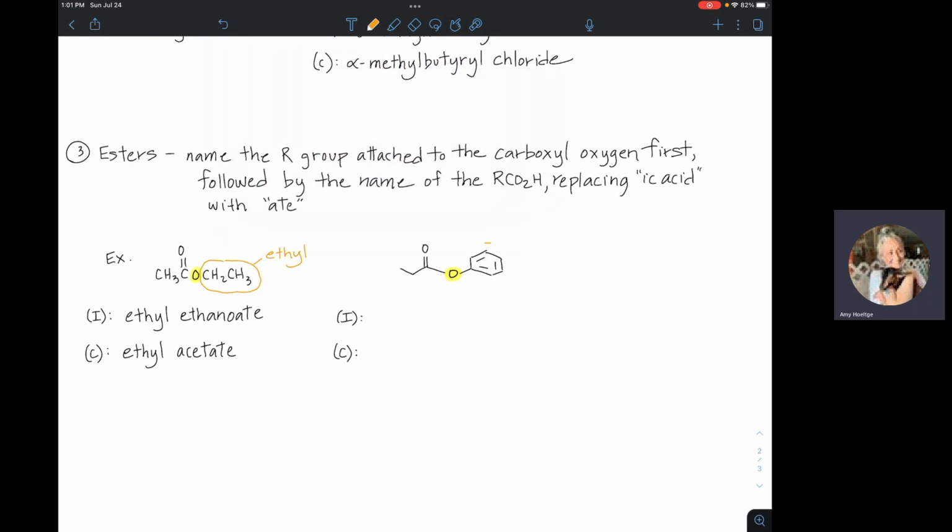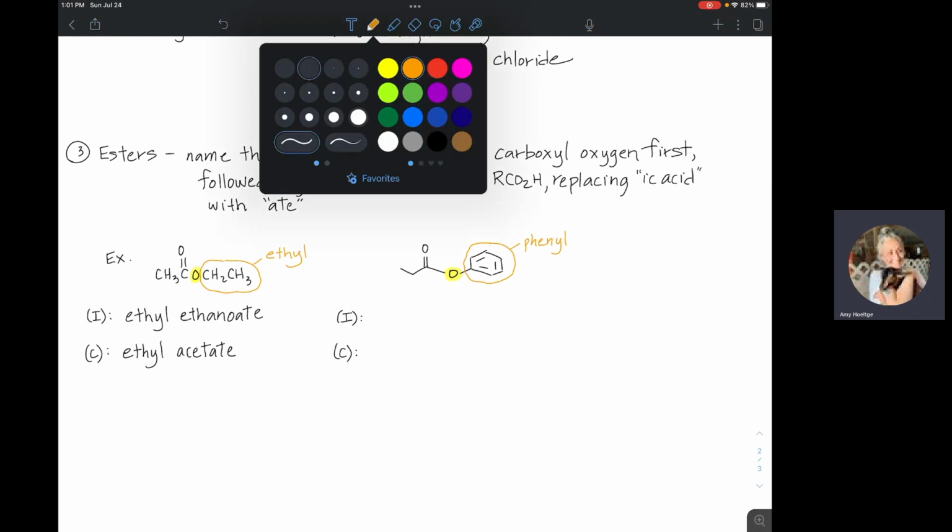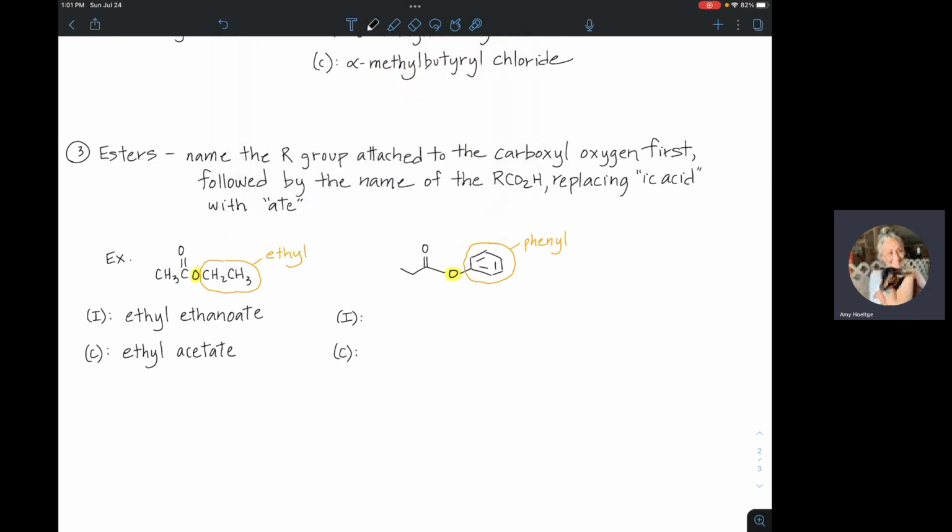So let me circle here. This is the R group that's attached to your carboxyl oxygen. When it is a substituent, it is a phenyl group. When there's a methylene between the oxygen and the phenyl group, it is called a benzyl group. So this would be named phenyl.